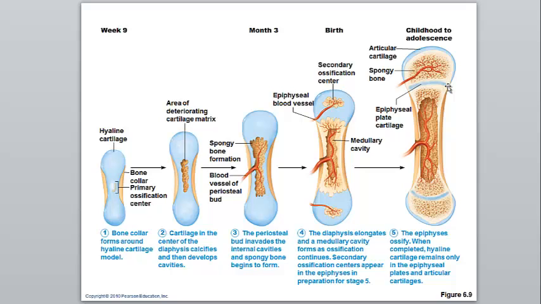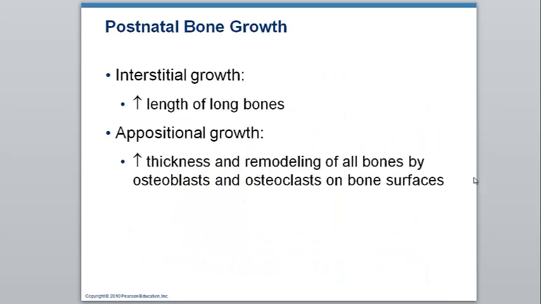Once the estrogen level is high and puberty is reached, this epiphyseal plate is closed. That means the length is fixed for that particular long bone. Please go over all the stages of endochondral ossification.